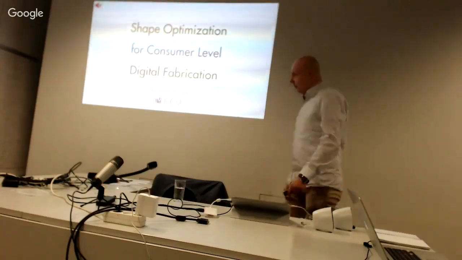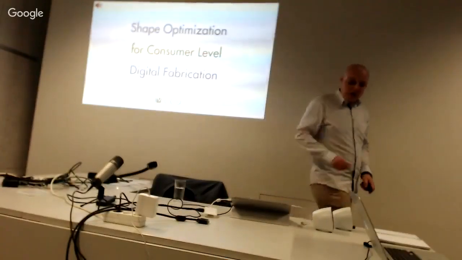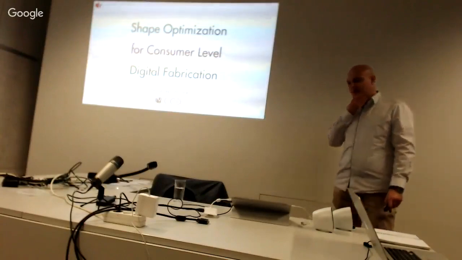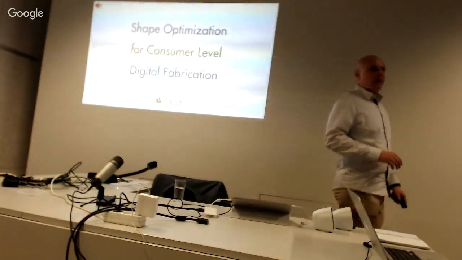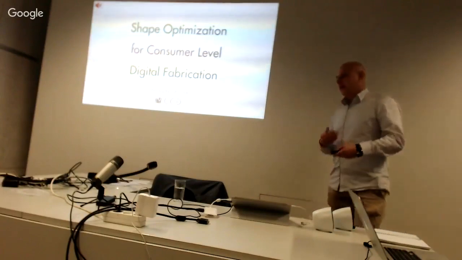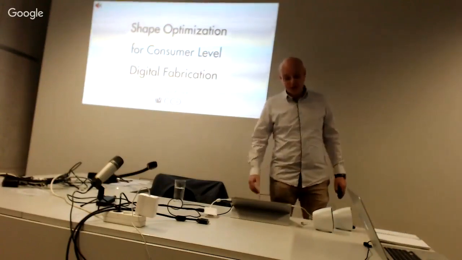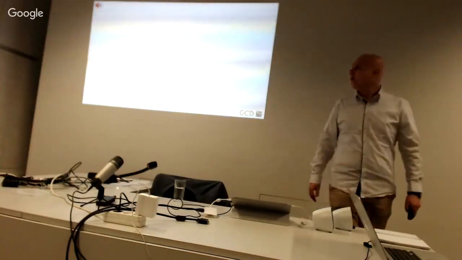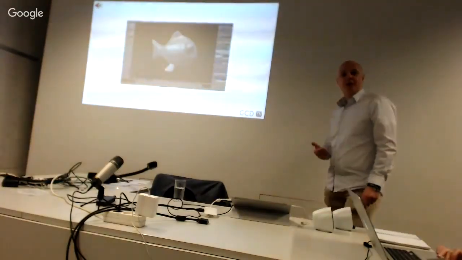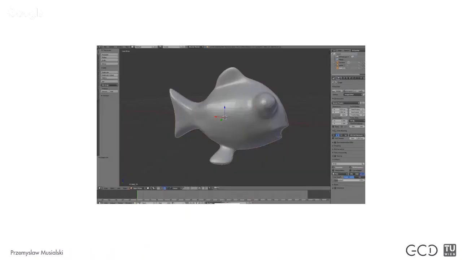Actually, I'm going to talk about shape optimization, and I added this additional subscript, consumer level, because we are aiming partially at that level. So let me start with some motivation. Computer graphics is a lot about geometry, about modeling and geometry processing as well.